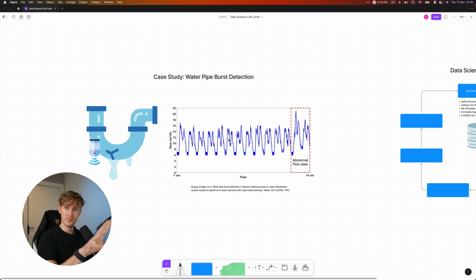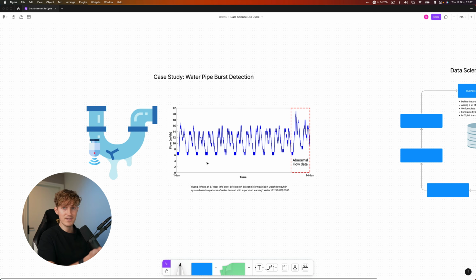But we could also frame it as a time series forecasting problem, where we basically follow the line of the flow and then predict a certain number of steps ahead into the future, and then use the same approach of comparing the results from the model to what the sensor measured, and then also putting some confidence intervals around them, some boundaries, and saying, okay, if it exceeds a certain value or a certain difference, we trigger an alarm.